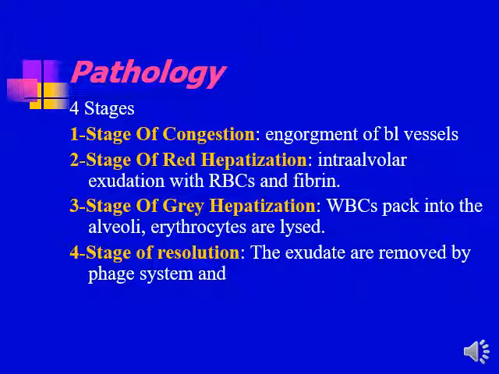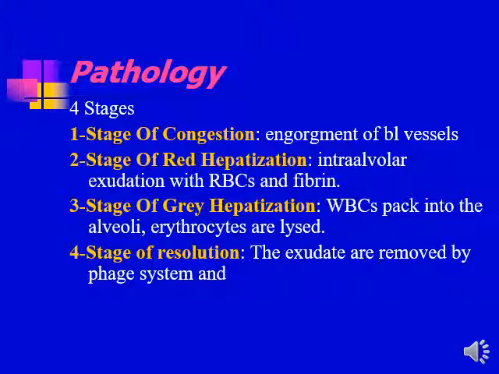Then fluid passes through the blood vessels due to disturbances in permeability into the adjacent alveoli, which means that the fluid passes from the blood vessels inside the alveoli. Normally, alveoli are filled with air. If they are filled with fluid rich in protein, it's the stage of congestion or exudation.